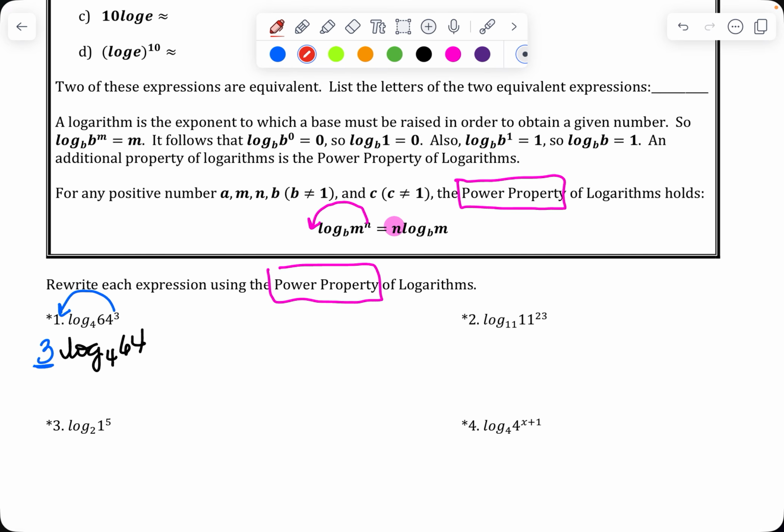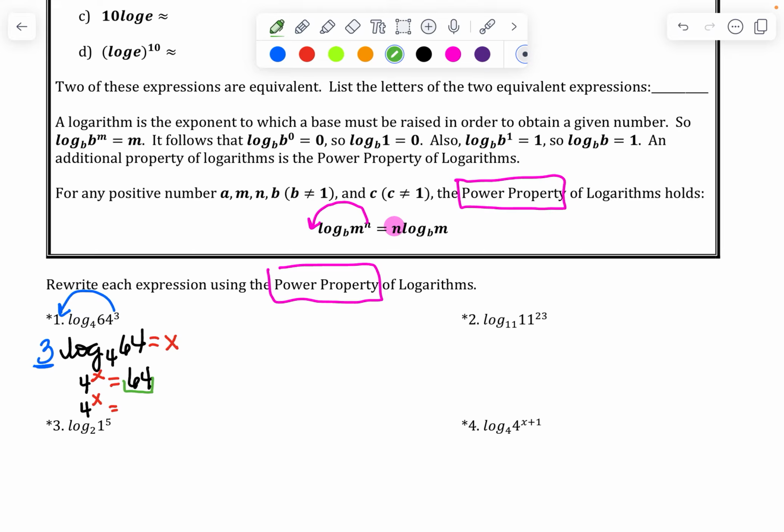So let's move over to this one over here. Move the 23 in the front, and then you have log 11 and 11. Now the very first example I did on page 1 was to show you when your base and the argument are the same, your answer is 1.